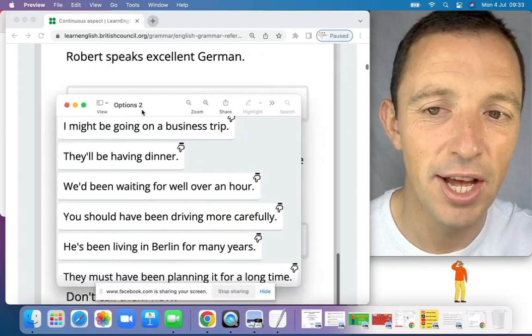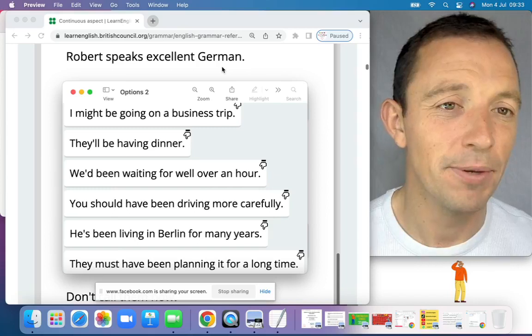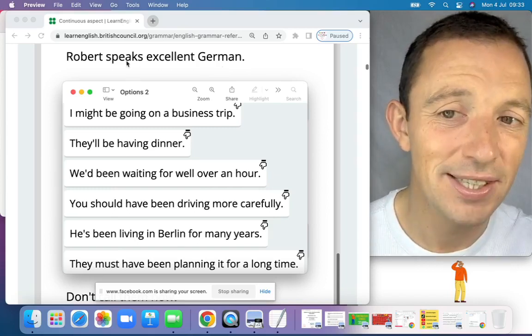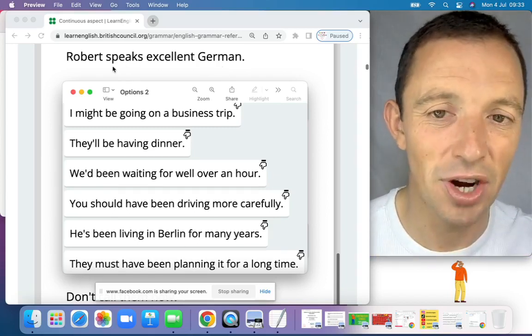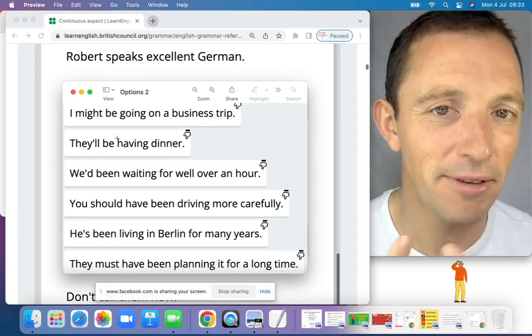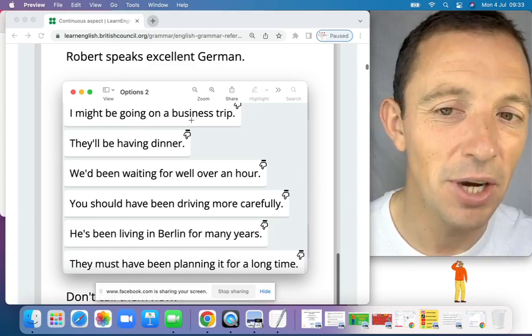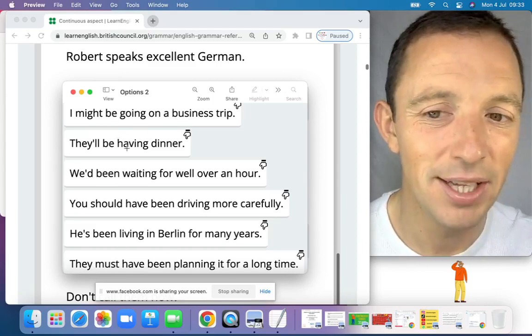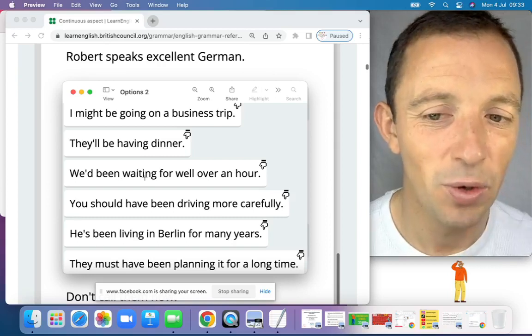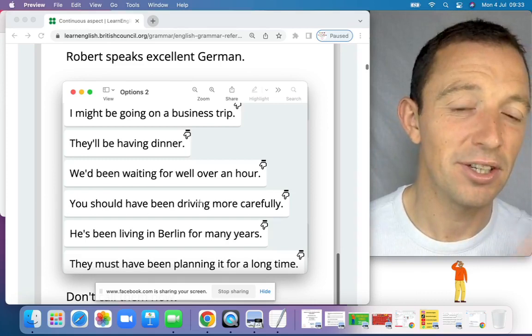So the first question: Robert speaks excellent German. This is the present. What is the sentence that matches perfectly with this sentence in the context? I might be going on a business trip, no connection. They will be having dinner, no connection. We had been waiting, no connection. You should have been driving more carefully, no connection.